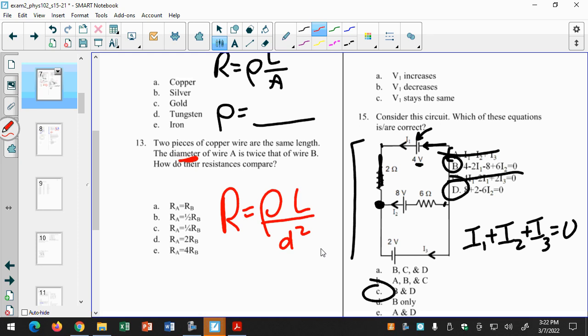So here, if I have a diameter of wire A that's twice as big, that means I have a resistance that's 1/4. I also like to do a quick check to make sure I'm getting it in the right direction. Is it 1/4 or is it 4 times? If wire A has a bigger diameter, that means it has a smaller resistance, right?